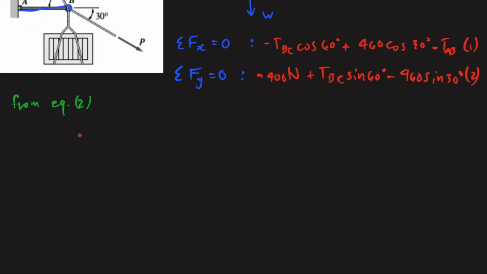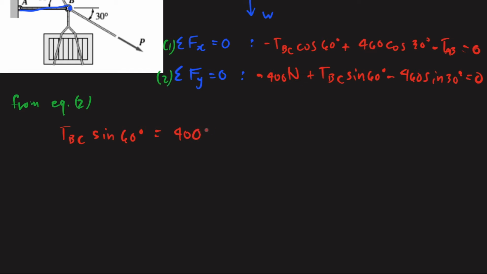We can say that TBC sine 60 degrees is equal to, okay, we have 400. By the way, we equate this to 0 first, so 0 equal to 0, so that we can satisfy this. And this is our equation number 1, and this is number 2.